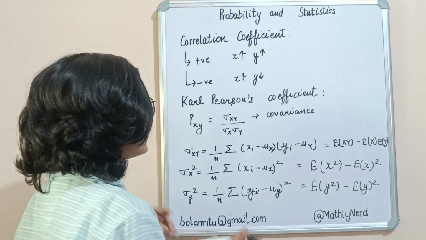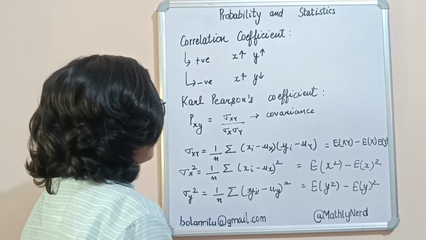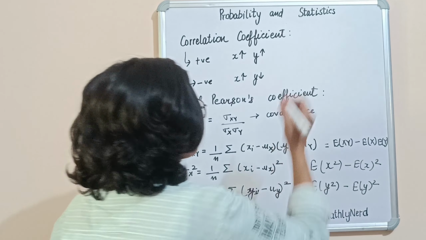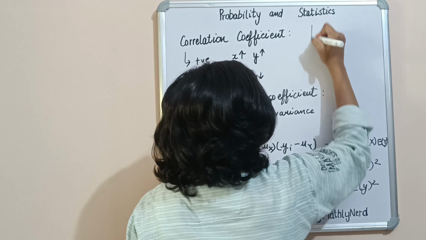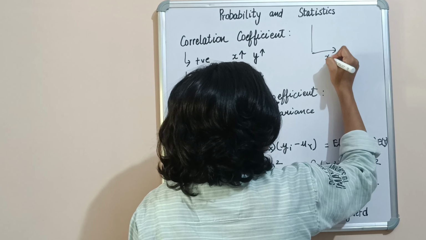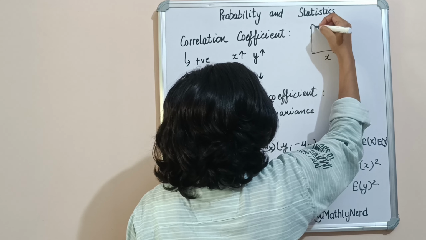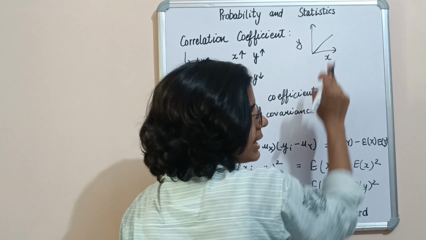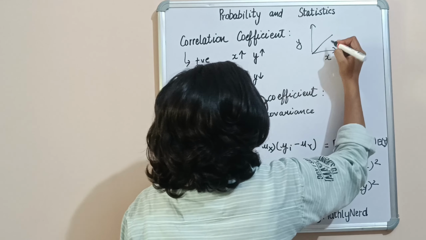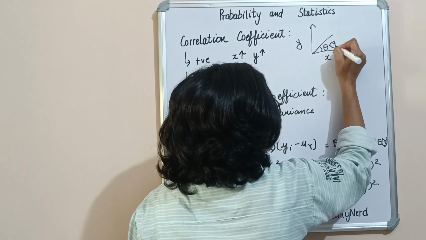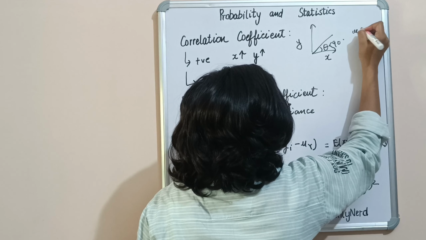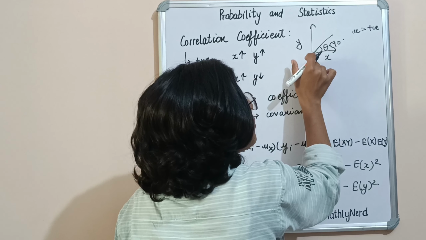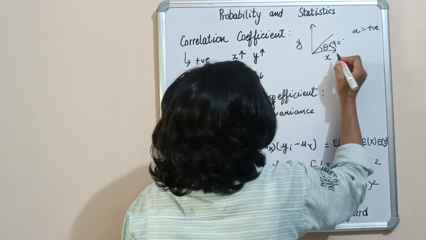Now we will learn about scatter plots and how we can tell if r is positive or not. Let's say we plot a graph where this is the x-axis, this is the y-axis, and we have r as a line. Then if this theta is less than 90, then our r is positive and these two variables are positively correlated.